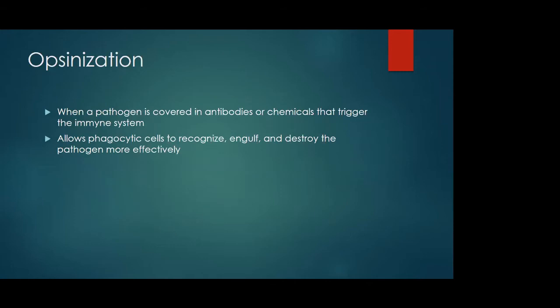Another concept that we'll talk about here, but we'll talk also about in the next lecture, is opsonization. When we talked about pathogenicity, we talked about how adhesins on the surface of a pathogen need to bind to ligands on the surface of a host cell, right? That binding has to happen for pathogens to get inside cells.